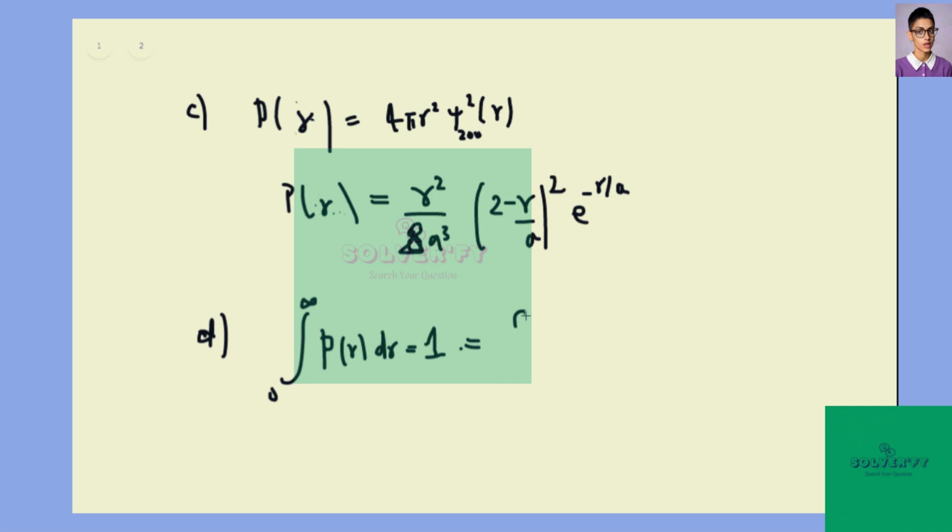So we take 0 to infinity of r square over 8a cube into (2 minus r over a) whole square e to the minus r over a dr.